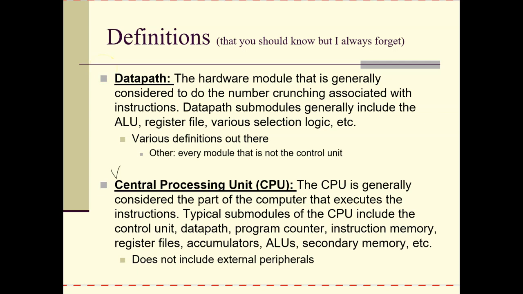Data path, you often hear in the context of truly just the path of data, but it actually has a different definition in the context of computer architecture. So I won't test on these because I can't remember them. I will test on your ability to know the RISC-V architecture in general. But you should generally know these terms and be able to toss those words out there in an interview or a party or whatever you do.